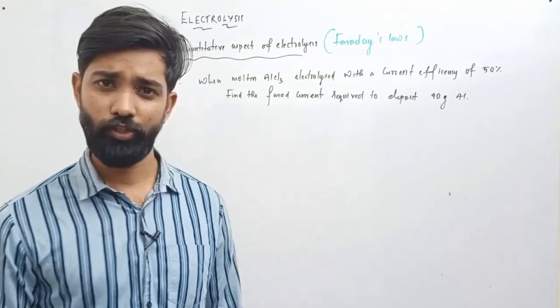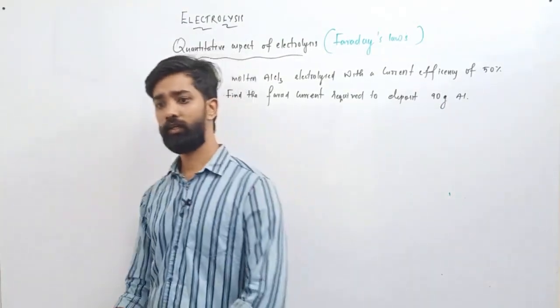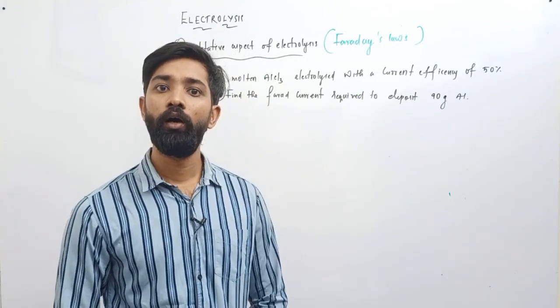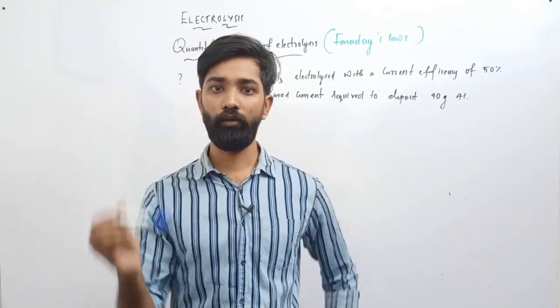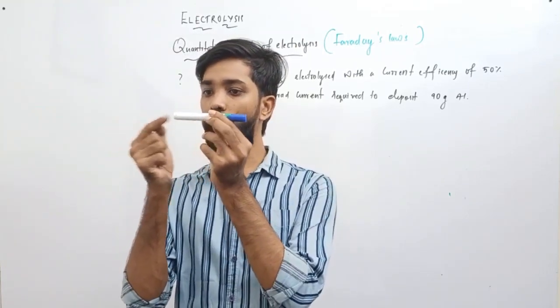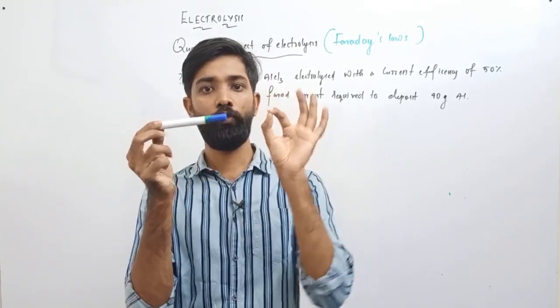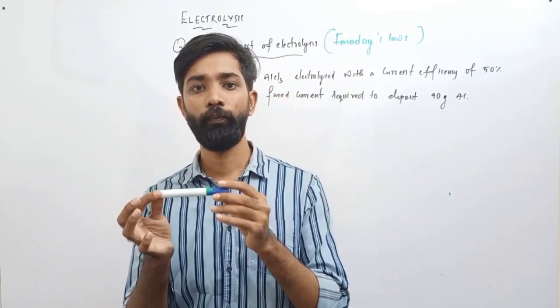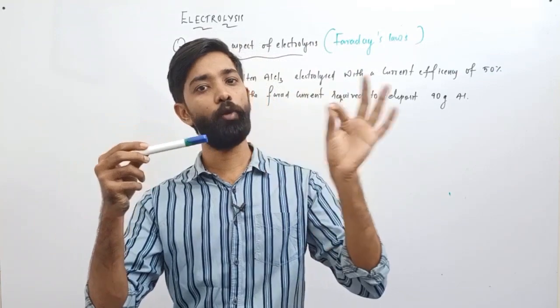What do you mean by current efficiency? It is the efficiency of that current. Listen here, if you supplied 1 coulomb, then for 100% efficiency, we obtain 1 coulomb. The input will be equal to output.